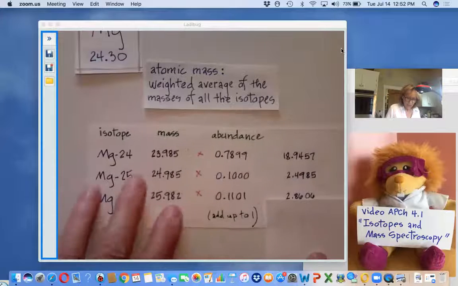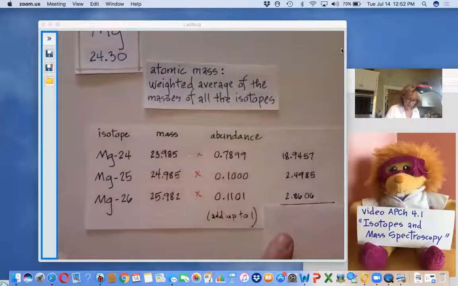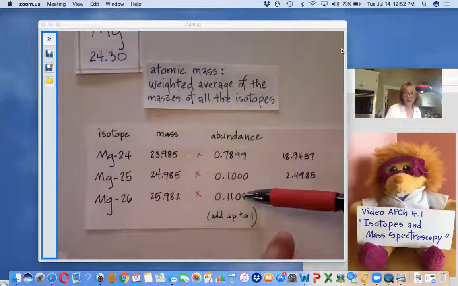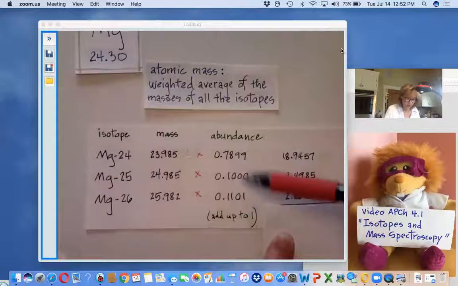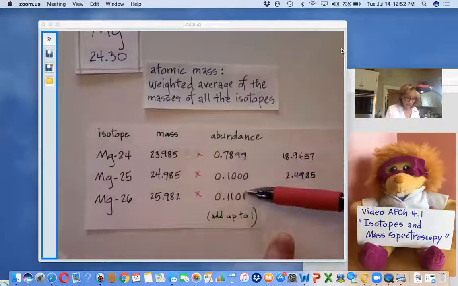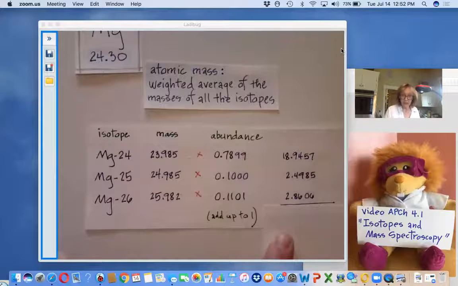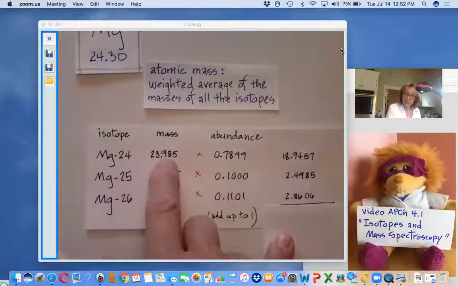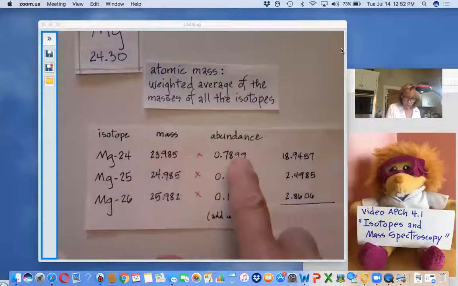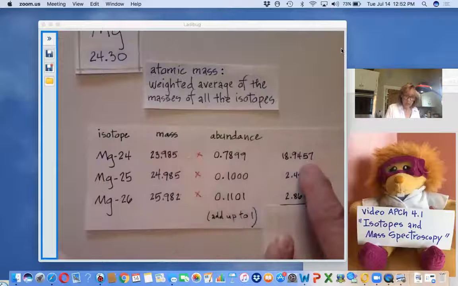I want to talk about abundance real quickly again. These three abundances, if they were written as percentages, would add up to 100%. When we write them as decimals, they're going to add up to 1. You can verify that if you'd like. Okay, so our calculation was to take the mass of each isotope and multiply by its abundance to get a number.